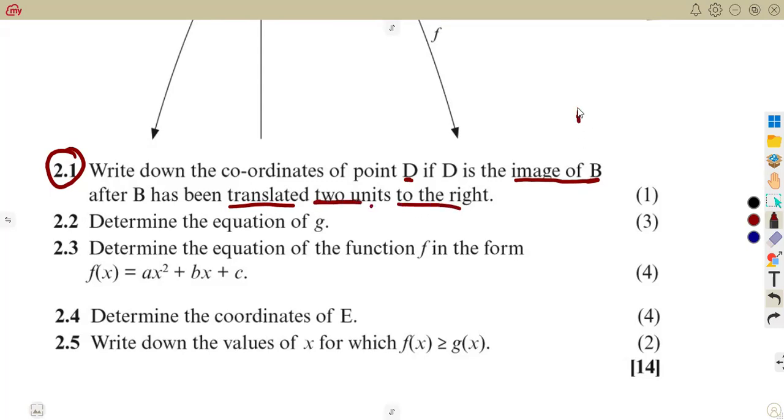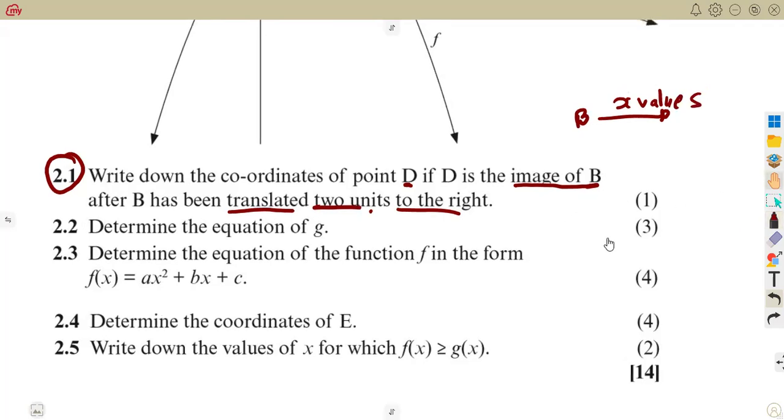Moving 2 units to the right means it is the x values which are being affected. The y values are not affected.